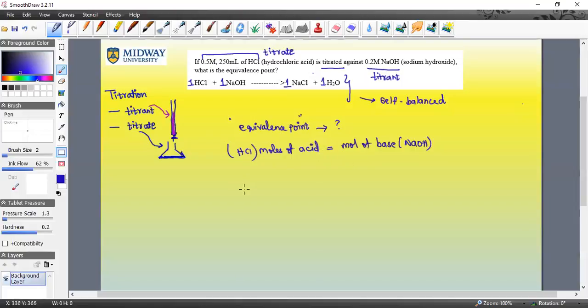Okay, now if the acid and the base, this is the acid, this is the base.